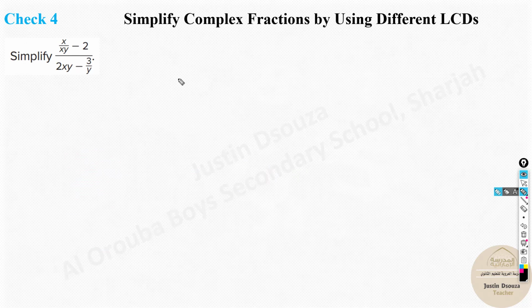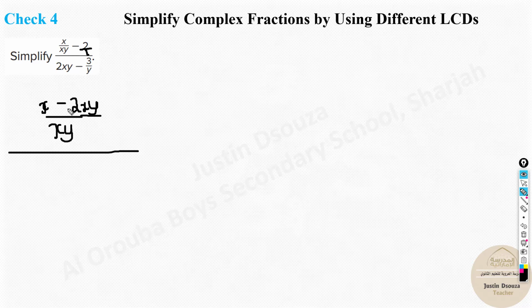Same method here. Now since 2 has a denominator of 1, see what the common denominator is. Just xy, because it's 1 here. Now this x is multiplied by 1, so it is x, minus, this denominator is multiplied with 2, so it's 2xy. Now this entire term is divided by the complex fraction's denominator. Same thing, this has a denominator of 1.